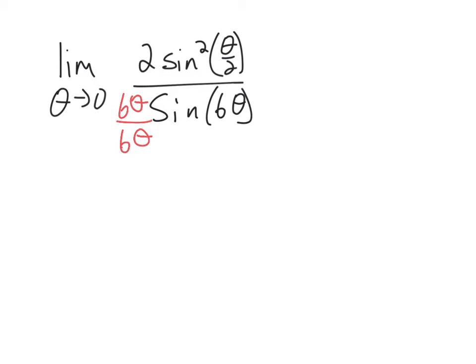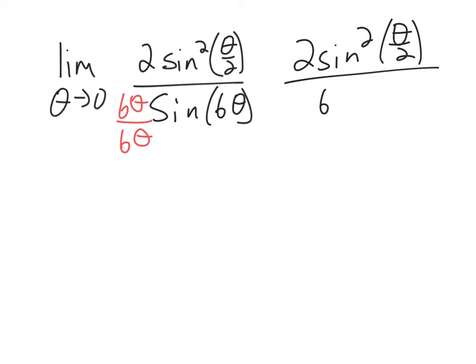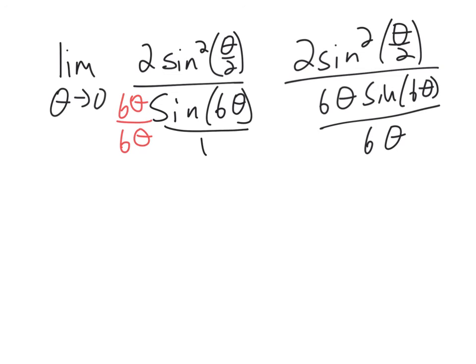Okay, so I can think of this now as 2 sine squared theta over 2, all over 6 theta times sine of 6 theta all over 6 theta. Right, because remember this is over 1, so I can multiply.